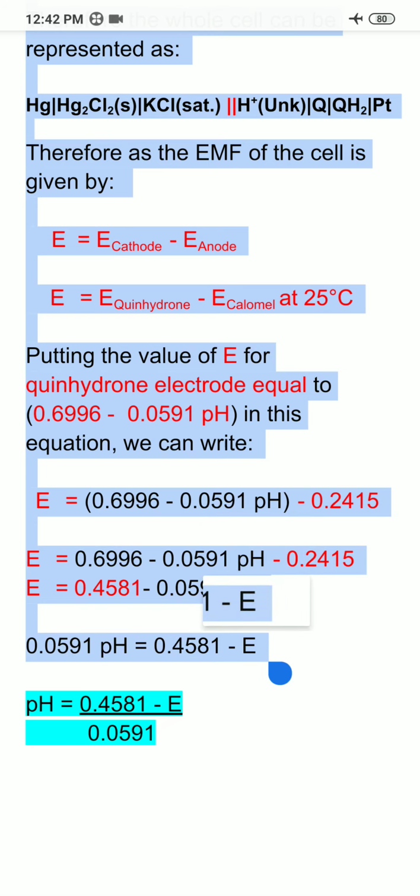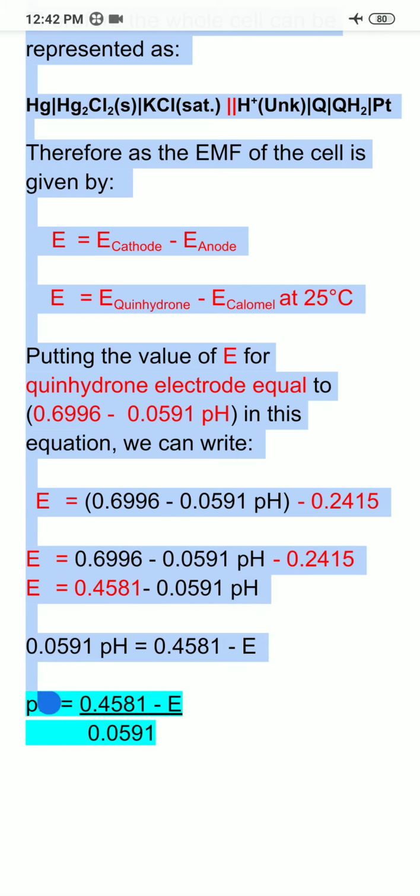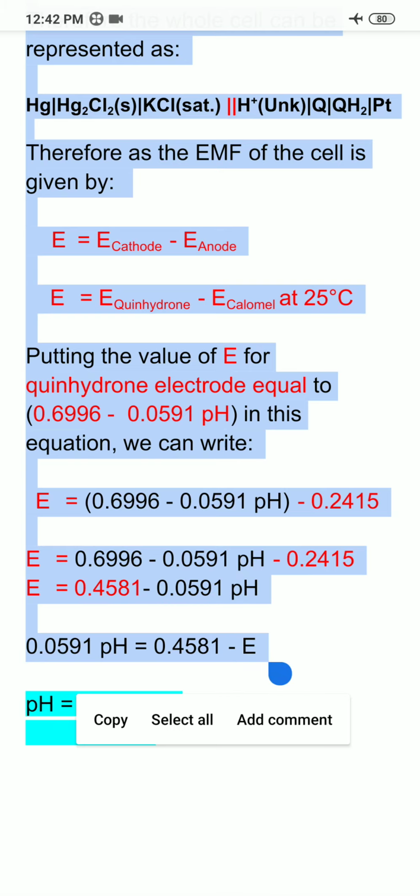So in order to calculate the pH value from here, I can write 0.0591 pH is equal to 0.4581 minus E, and from here the value of pH comes out to be equal to 0.4581 minus E upon 0.0591.